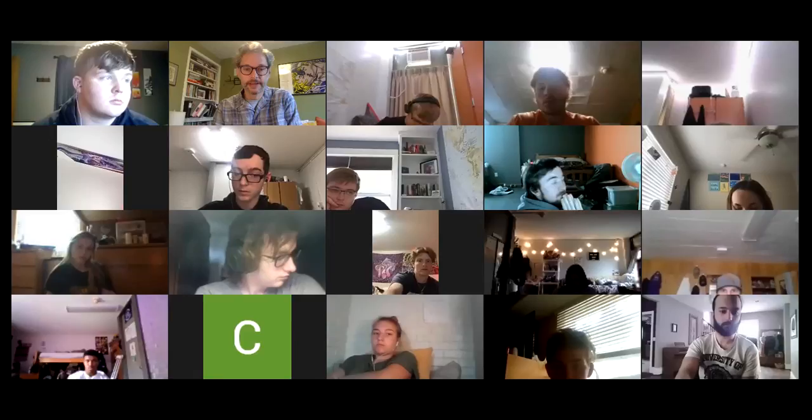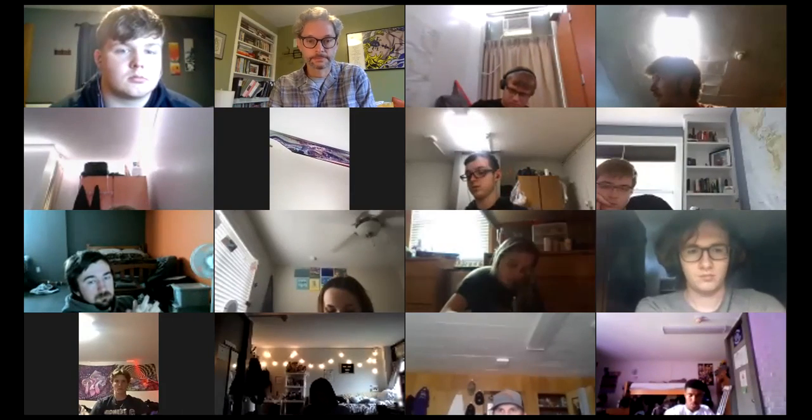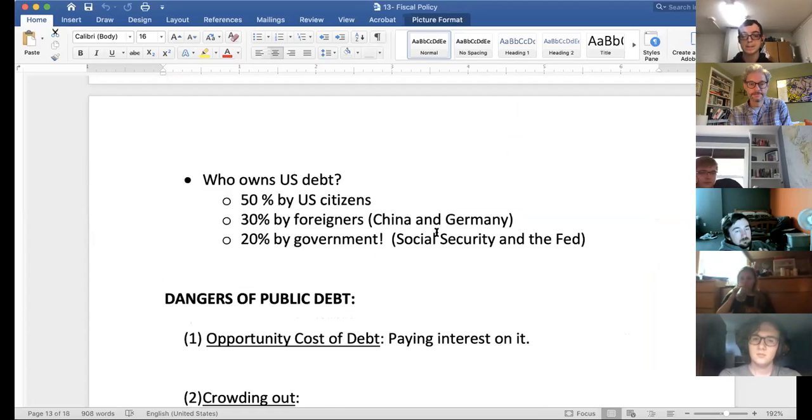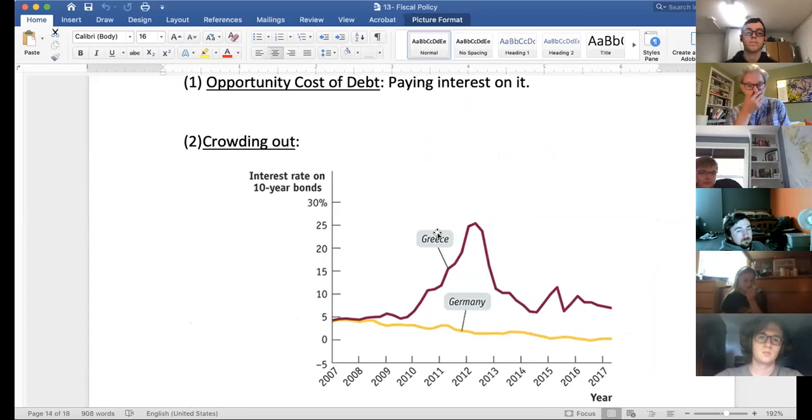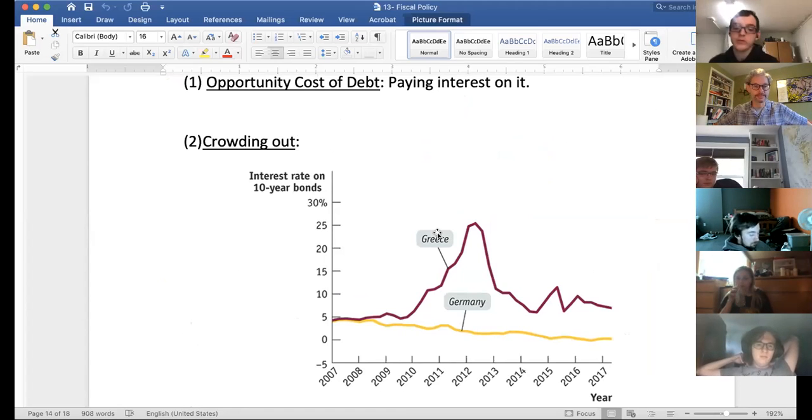Okay, so look at this figure, just to show you this effect at work. Here's the interest rate on a 10-year government bond in Greece and the interest rate on a 10-year government bond in Germany. As Greece borrowed more and more, what happened to their interest rates?